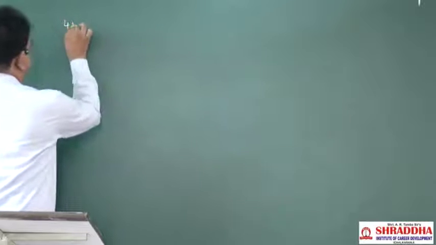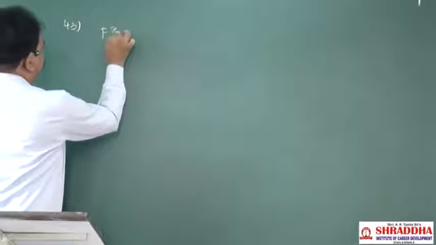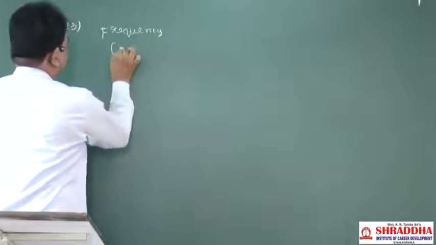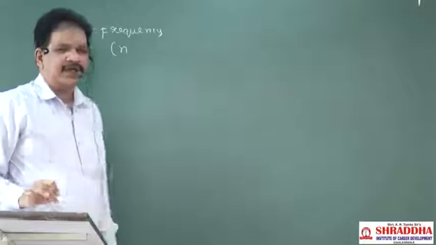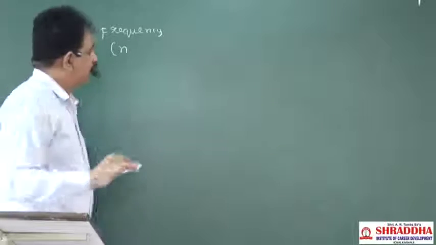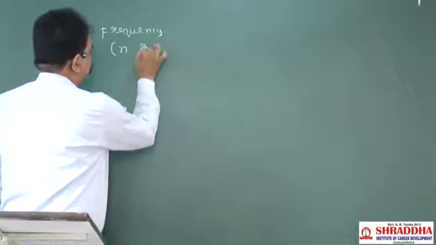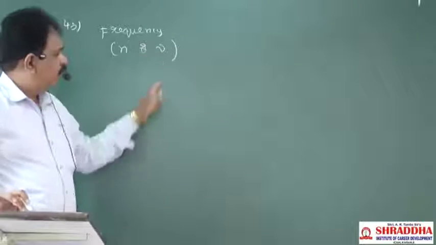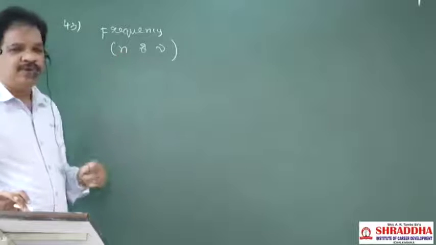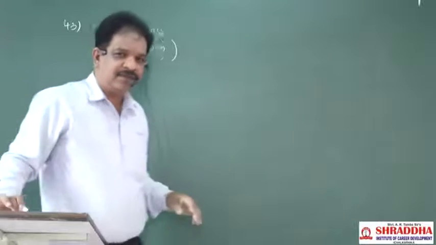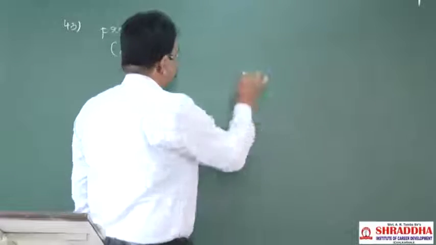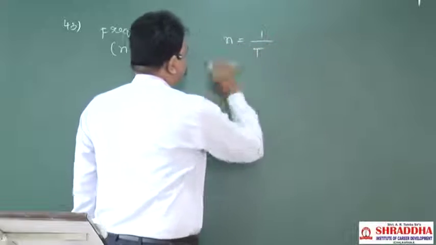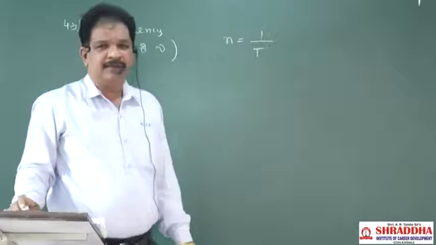43. Frequency: we can use the letter N, or we can use the Greek letter nu. Nu or N, both represent the frequency only. Frequency formula: N is equal to 1 by time period.